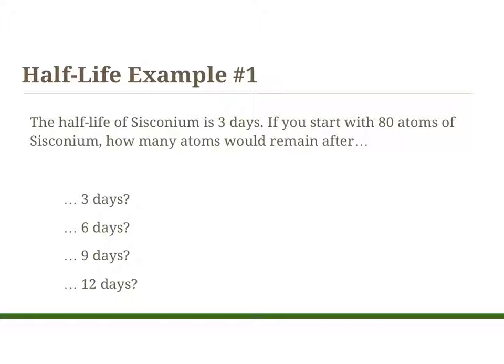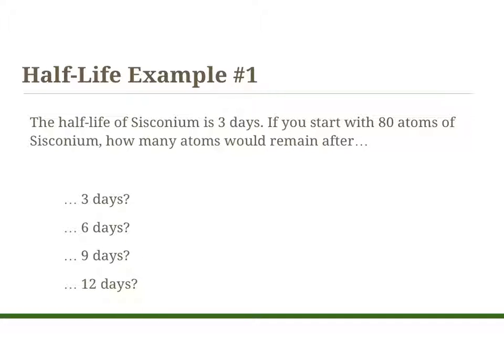Work through a couple of examples and how to work through those things and figure it out. So, first things first. We're going to use a fictitious element. This is the element zirconium, named after the great physical science teacher, Miss Cisco, from Greendale High School. So the half-life of zirconium is 3 days.